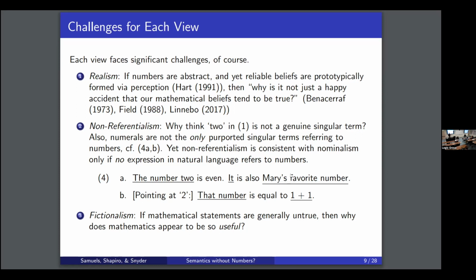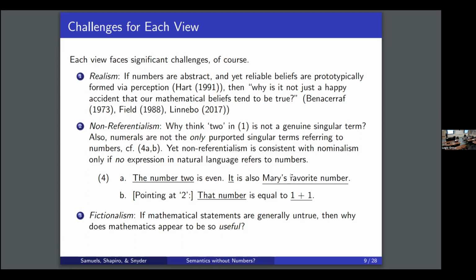But why think that 2 in the original sentence should be any different from Mars in the other sentence? So that's one challenge. Non-referentialists give various purported semantic data to get us to think that numerals, that is, names of numbers, are not referential expressions. We won't go into that here, and I'll just speak for myself. I don't think any of that data is very convincing.